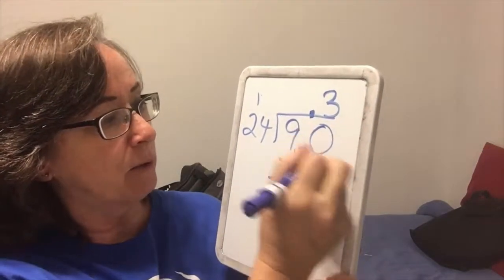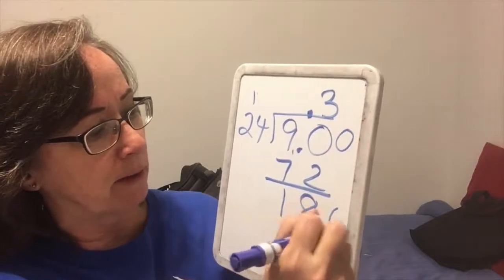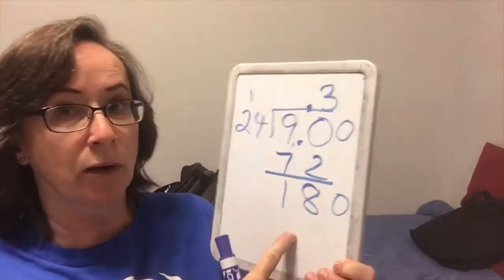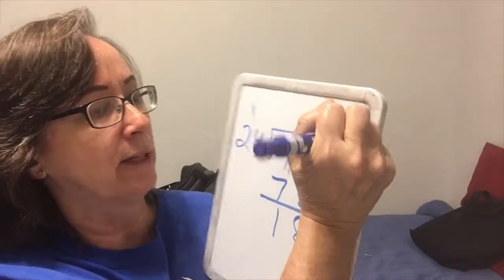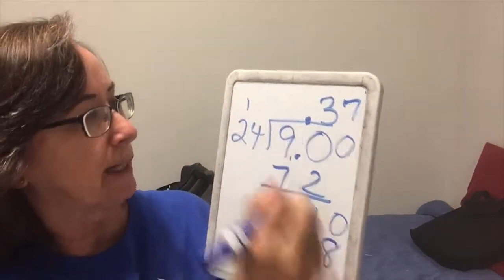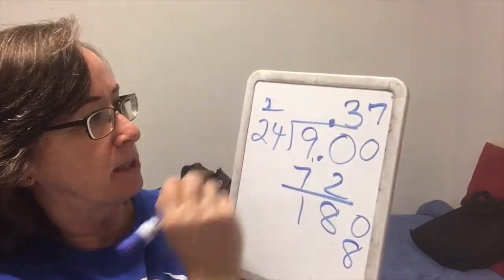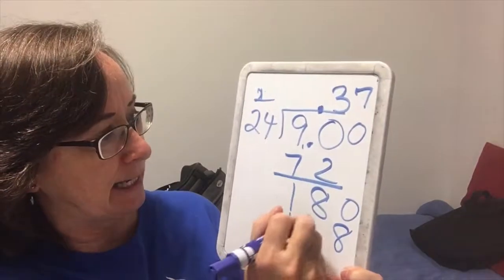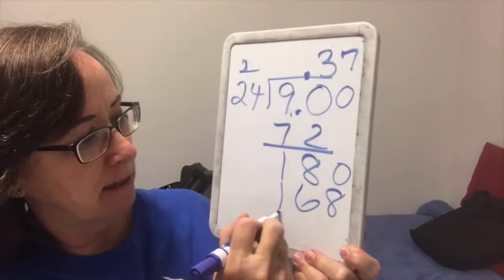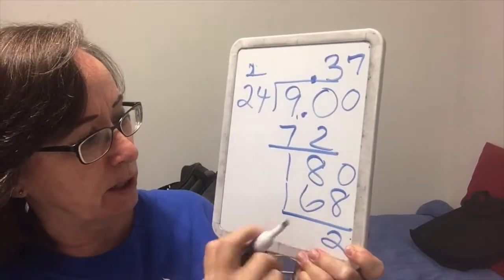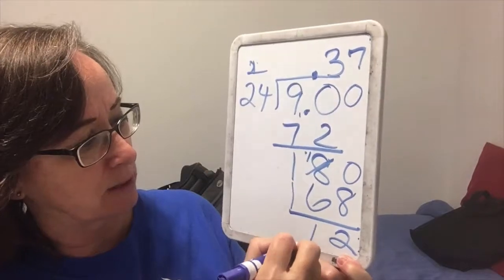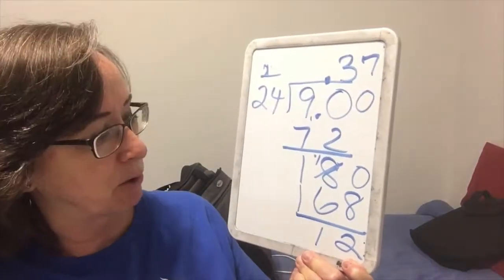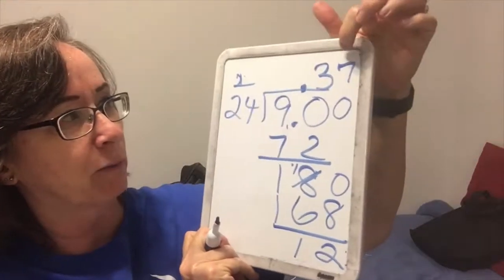So now I'm going to bring down another 0, and 24 into 180 is going to go, let's try 7. 7 times 4 is 28. 7 times 2 is 14, 15, 16, and when I subtract, I get a 2, which means that one was now a 7. 7 minus 6 is 1, and I subtracted correctly, or I put the right number here.